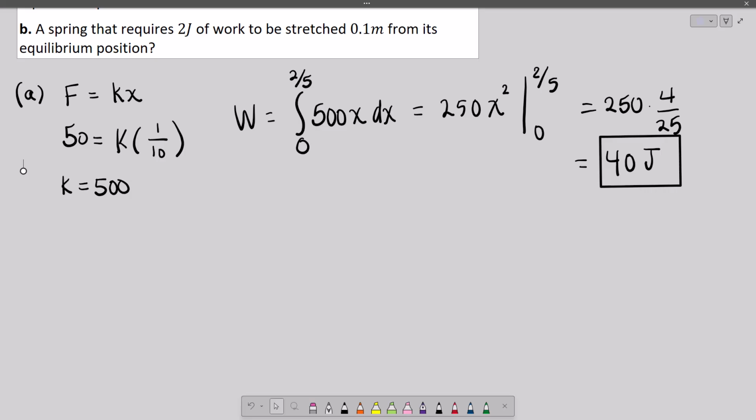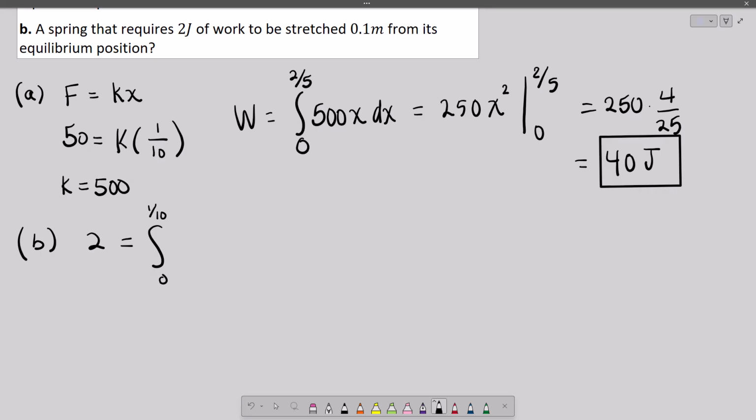The second one, notice it says a spring that requires 2 joules of work to be stretched 0.1 from its equilibrium. So let's just write down what they're saying. We know that work is the integral of force. They're giving us work. So work is 2 joules, and we're going to stretch 0.1 from equilibrium.